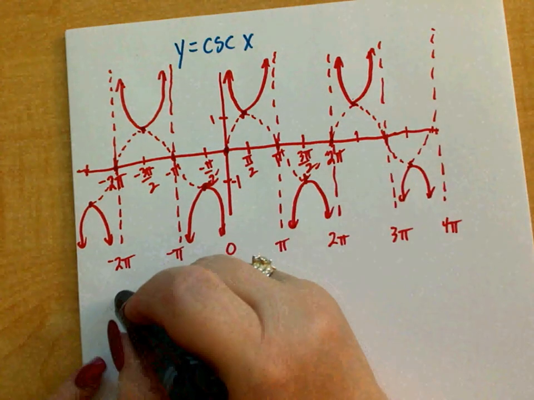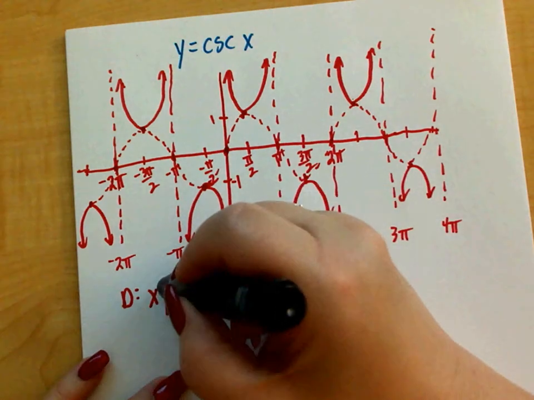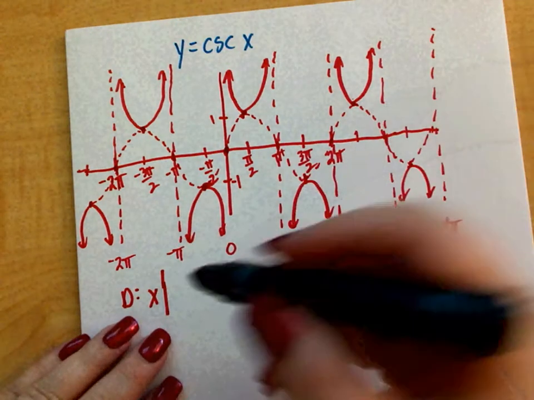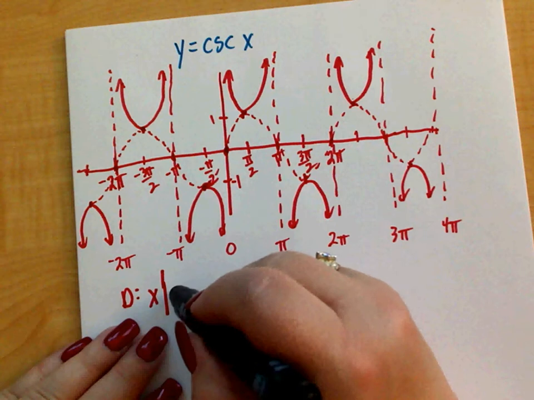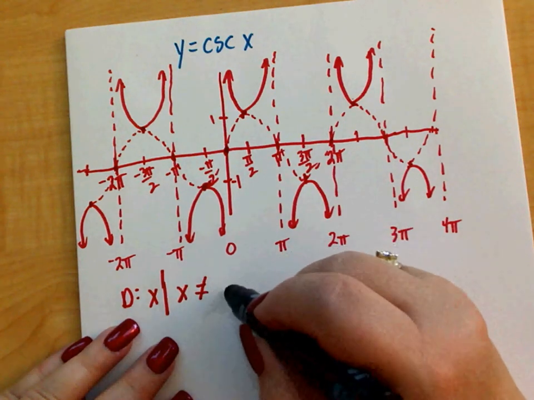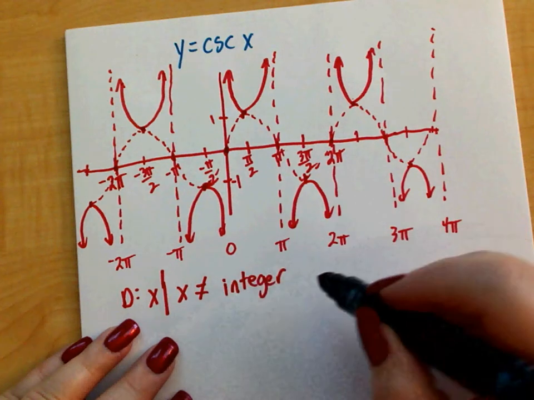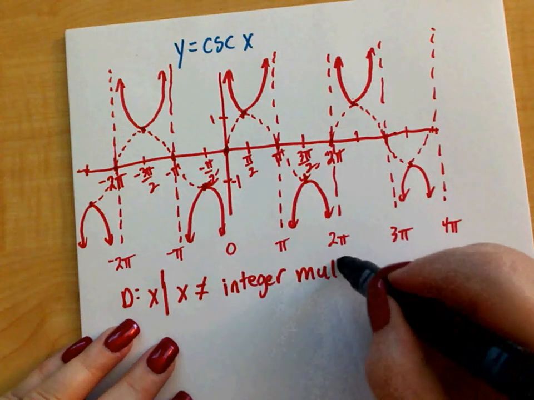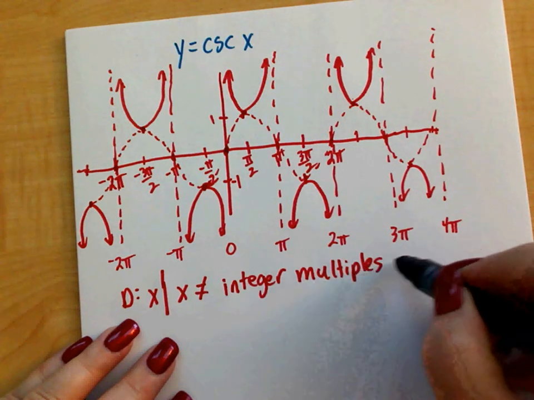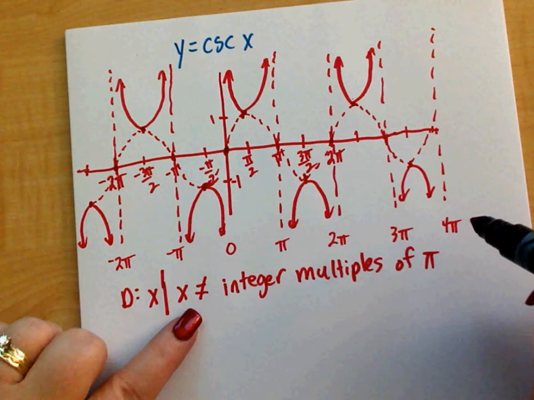When we list the domain, we have to consider where the vertical asymptotes occur. So x such that x does not equal integer multiples of pi.